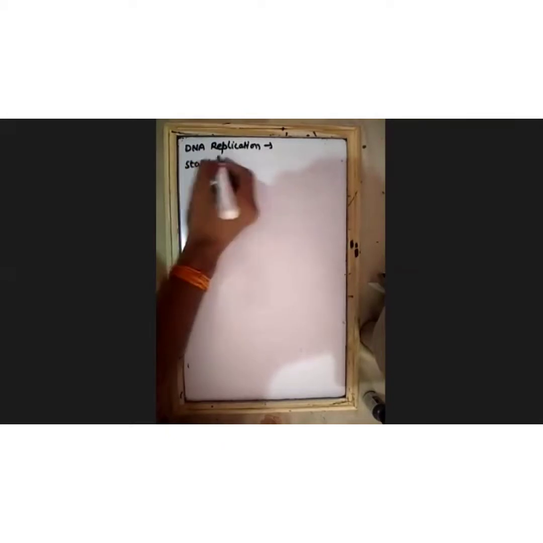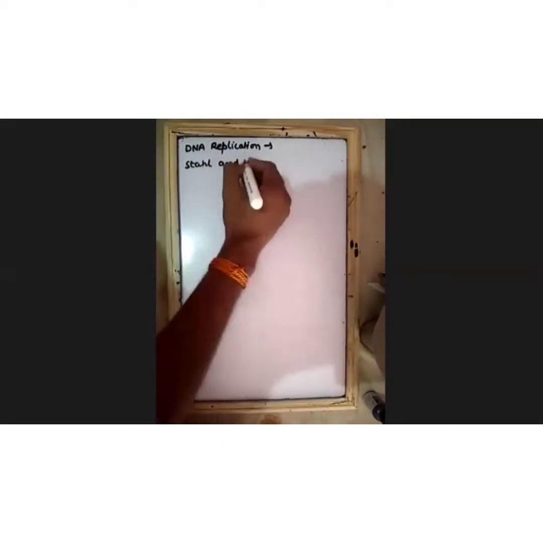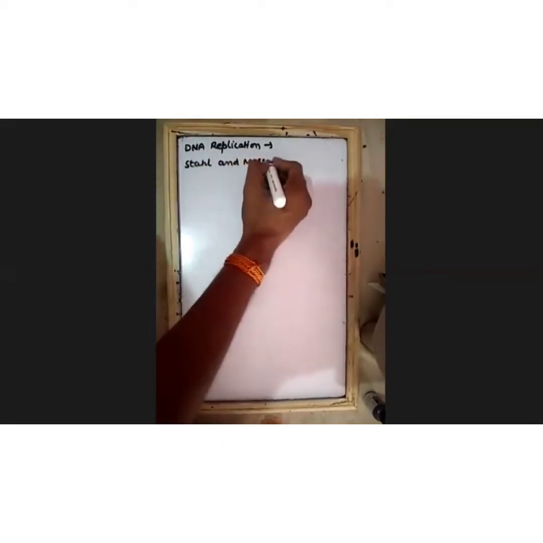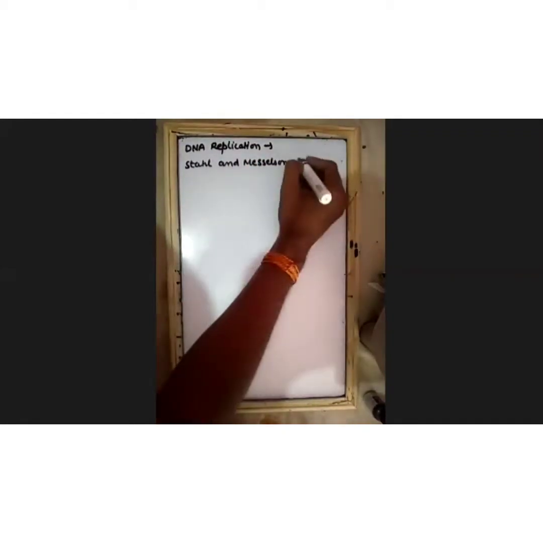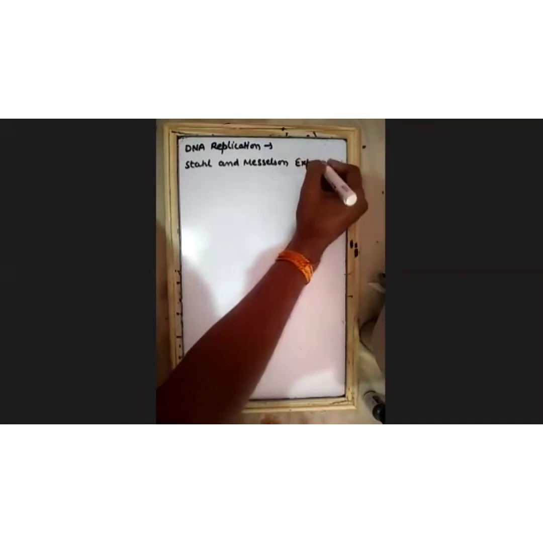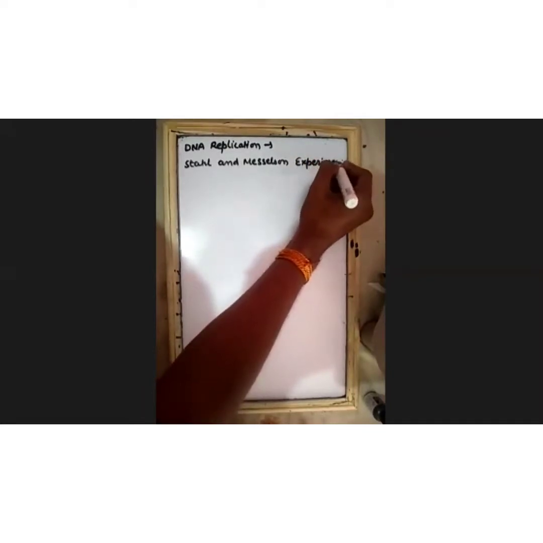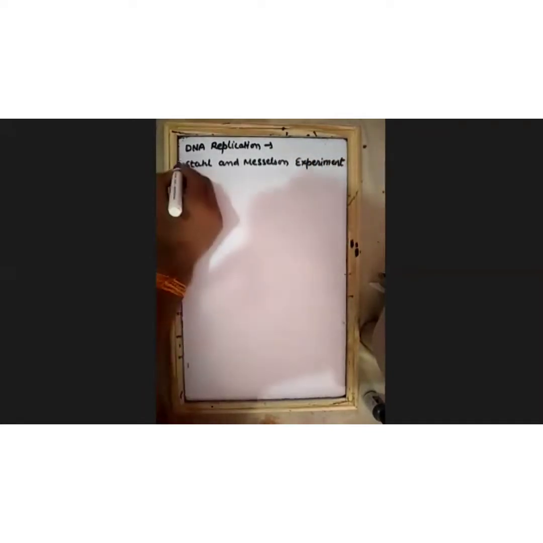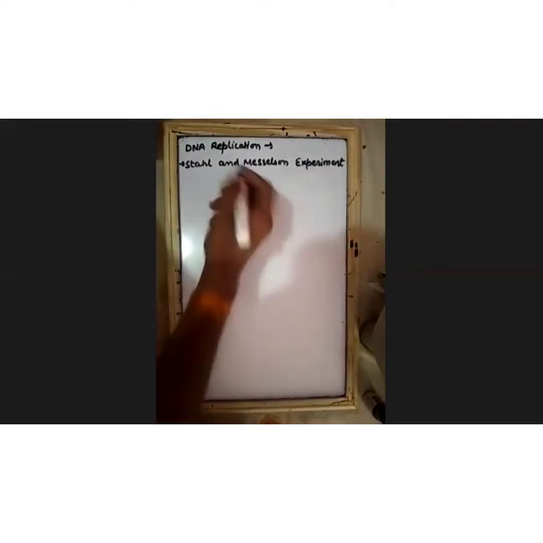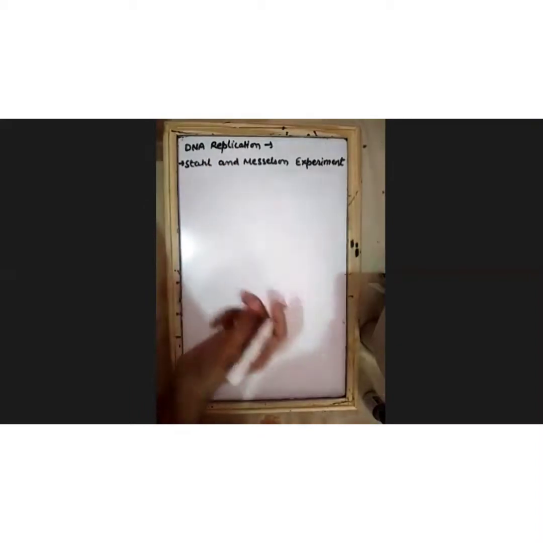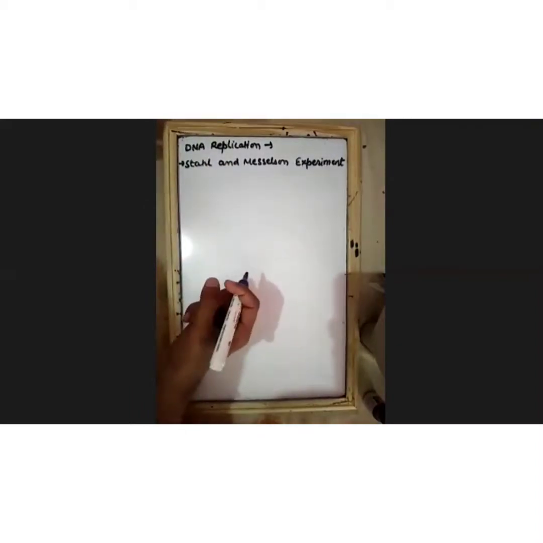There are two scientists, Stahl and Meselson. Today we are going to study the Stahl and Meselson experiment. They concluded that DNA replication is a semi-conservative type.